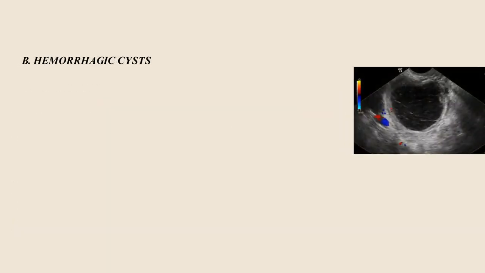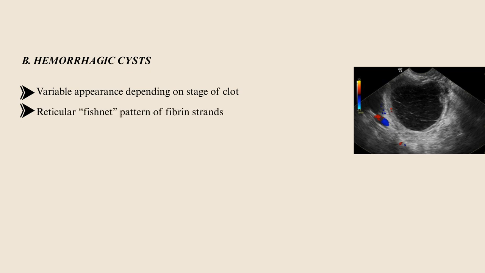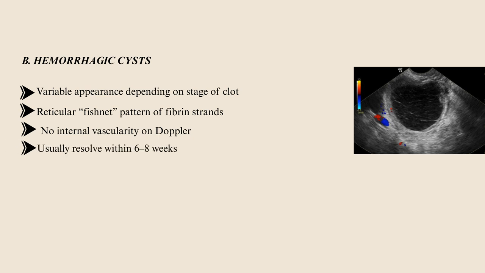Then is hemorrhagic cyst. It is variable in appearance depending upon the stage of clot. For example, it may be reticular, which is fishnet pattern of fibrin strands with no internal vascularity on Doppler, and it usually resolves within 6 to 8 weeks.